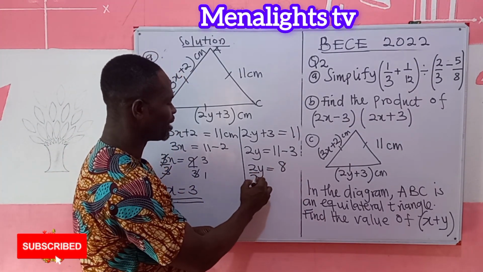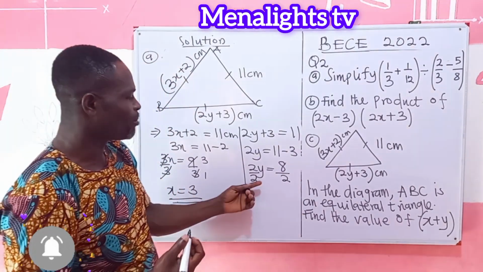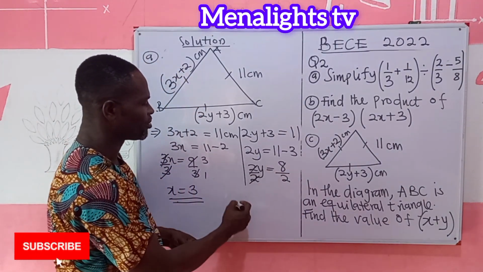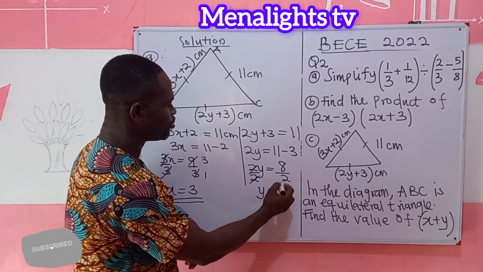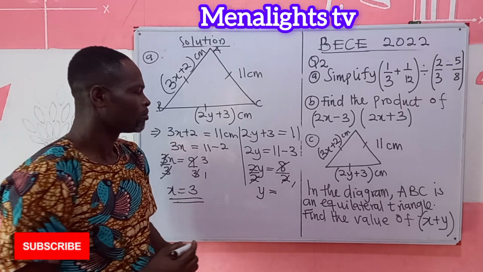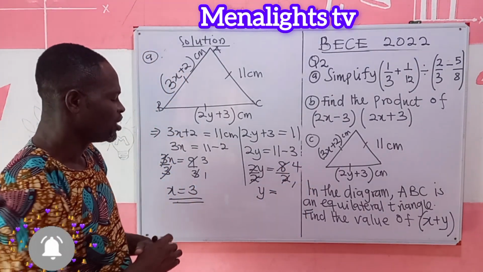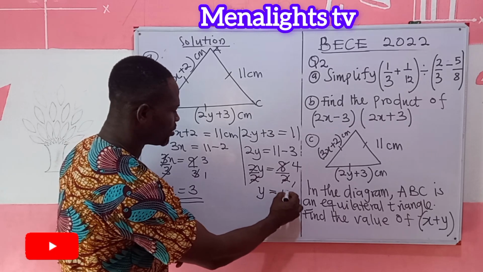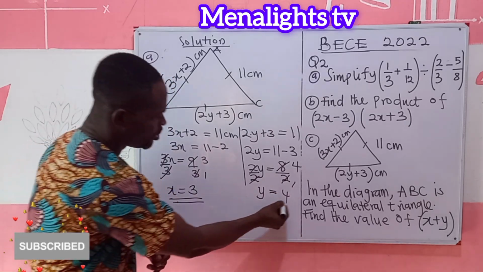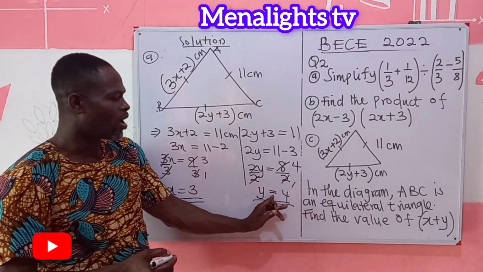Then we divide both sides by 2, because we are looking for y, not 2y. So this will cancel. So our y is equal to 2 going into itself once and going into 8 4 times. So we have 4 here as well. So y is equal to what? 4.